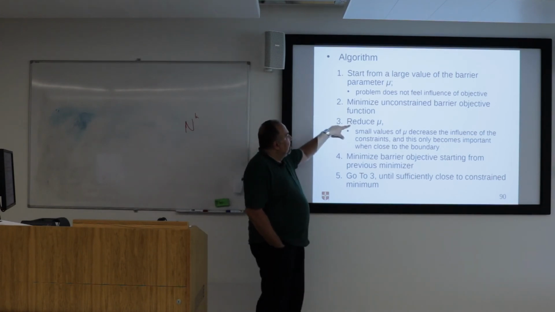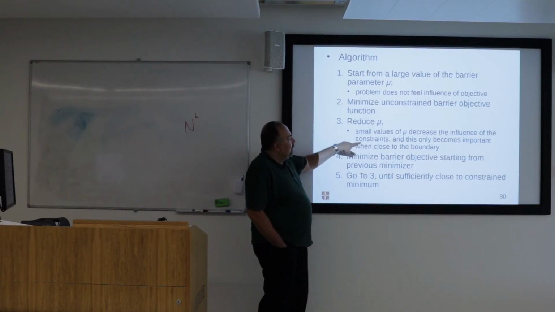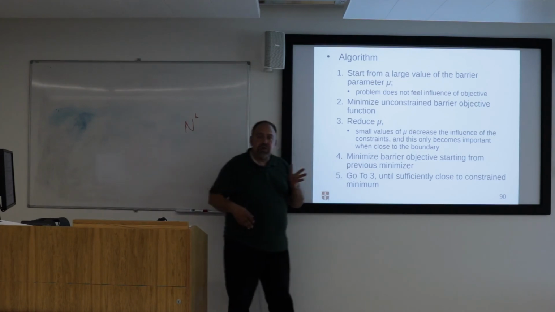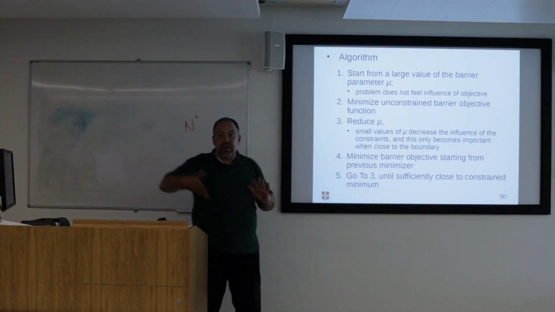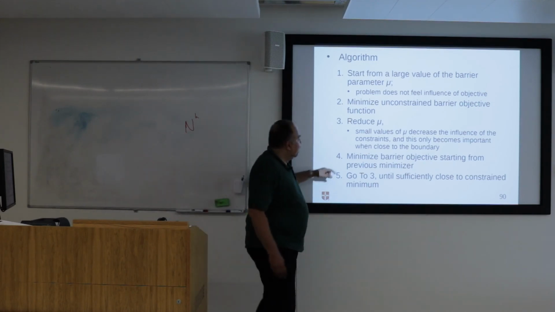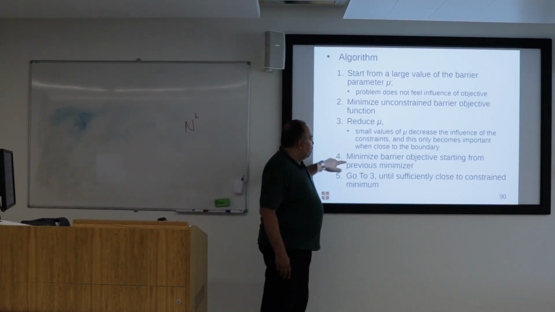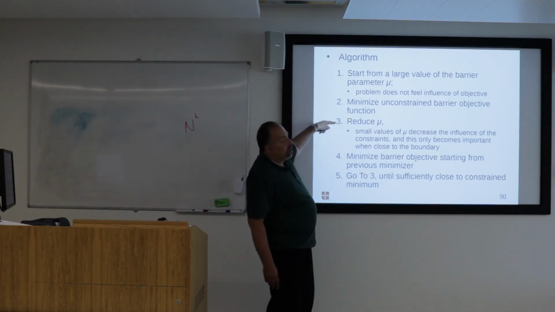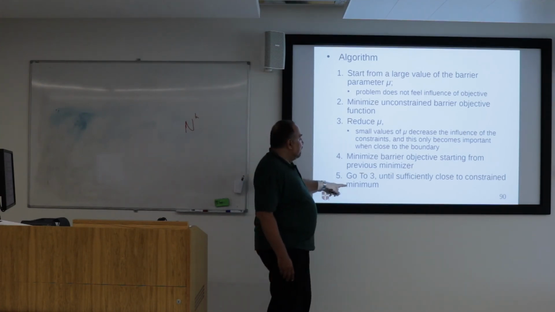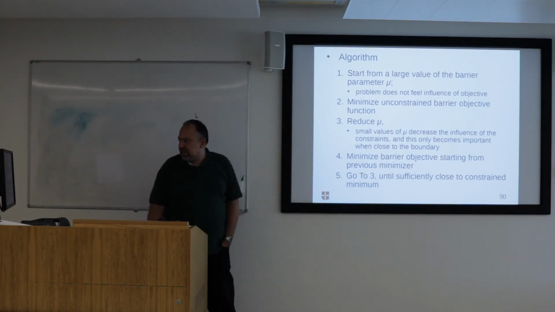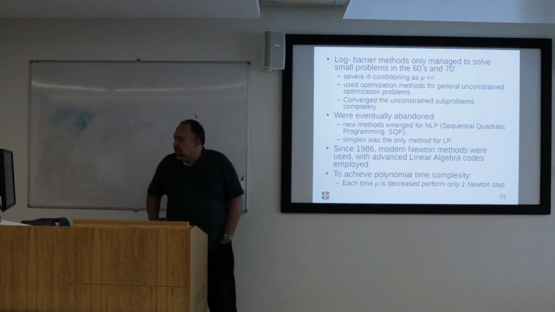Reduce your mu, and small values of mu decrease the influence of the constraint, and this only becomes important when close to the boundary. So when you're close to the boundary, the logarithm becomes very, very large, repelling you to go inside. And minimize the barrier objective, starting from the previous minimizer, and go to step 3, where you reduce your mu until you're sufficiently close to a constraint minimum. And let's see an example later.